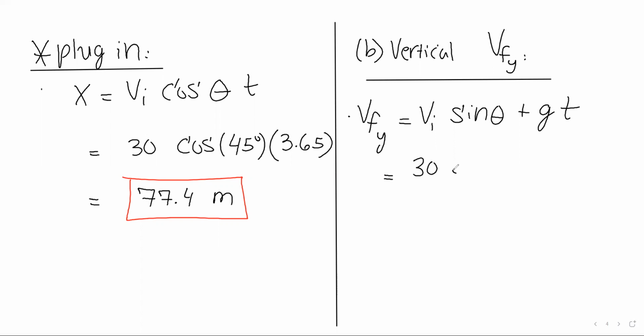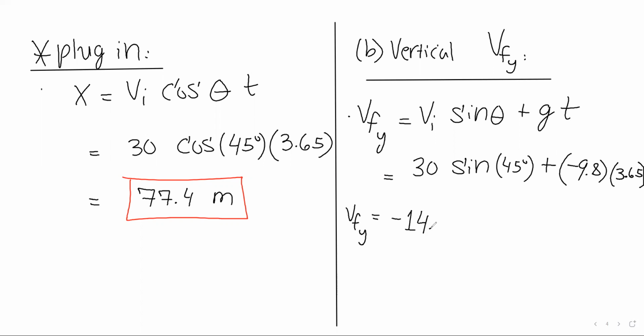Initial velocity sine of 45 degrees plus g, which is negative 9.8, times t, 3.65. So the final velocity in the y direction is negative 14.6 meters per second.